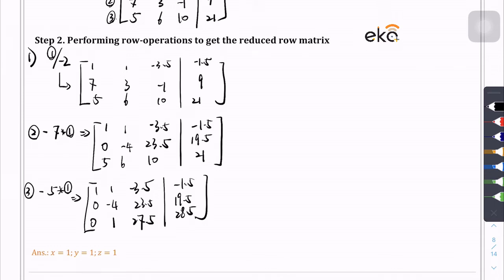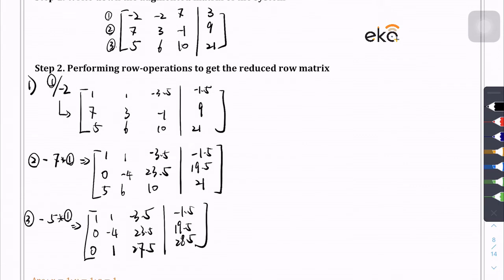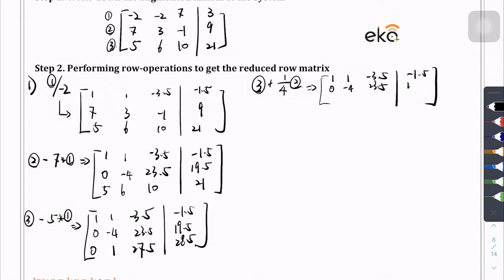Then the next step is the third row plus 1/4 of the second row. Then we will have 1, -3.5, -1.5, 0, -4, 23.5, 19.5, 0, and 0.